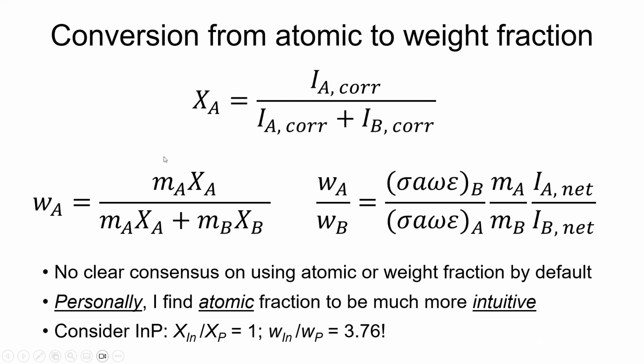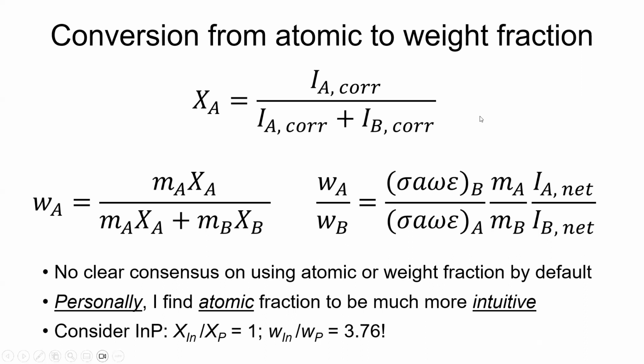If you want to convert your atomic fraction to weight fraction, you can just use this equation here, okay? So you're just multiplying your A atomic fraction by the atomic mass of A, and you're dividing by the sum of the products of the atomic mass and atomic fractions for the other two components, okay?